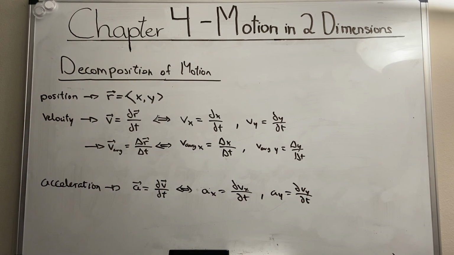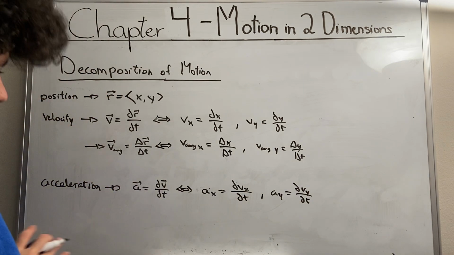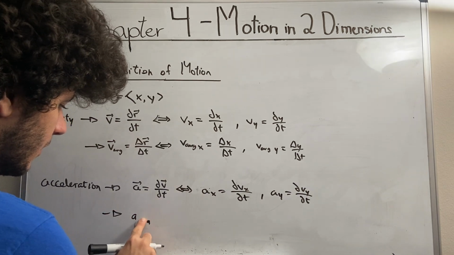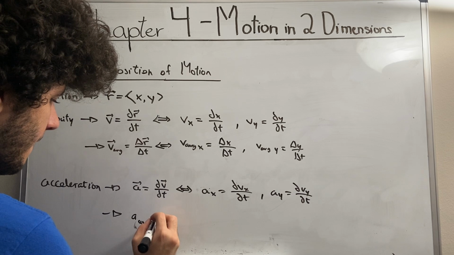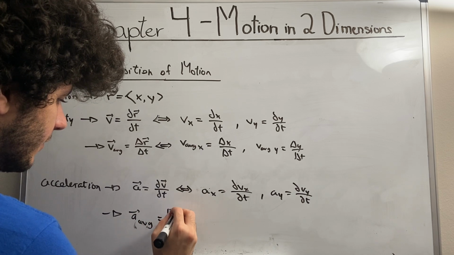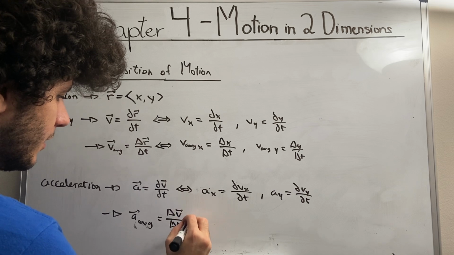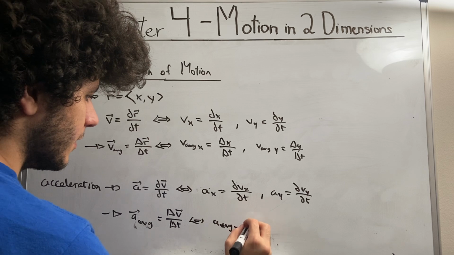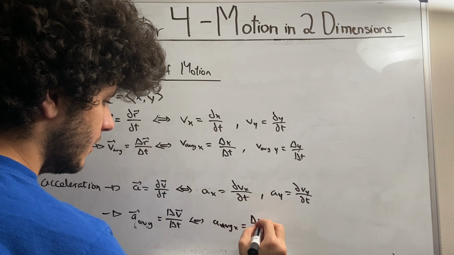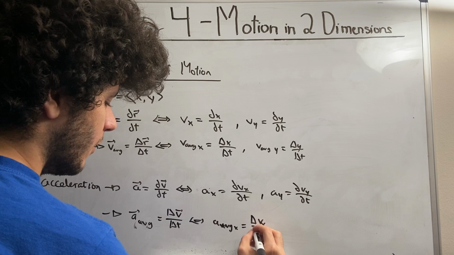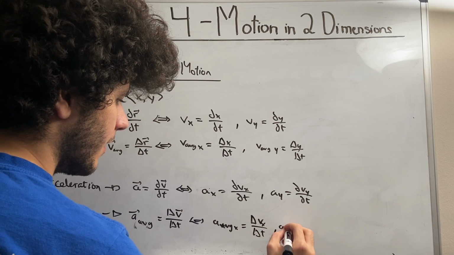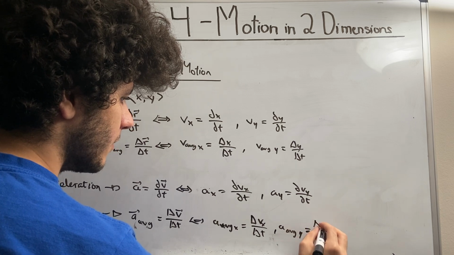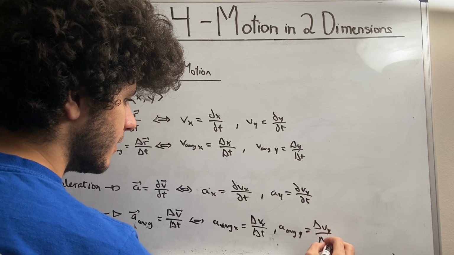Perfect. And we can also do that finally with average acceleration, which is delta v over delta t. A average x is equal to delta vx over delta t, and average y can be equal to delta vy over delta t.